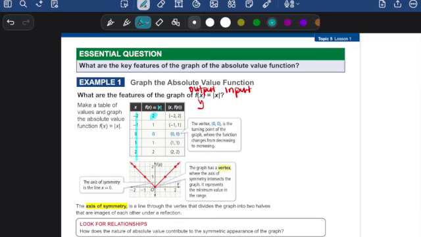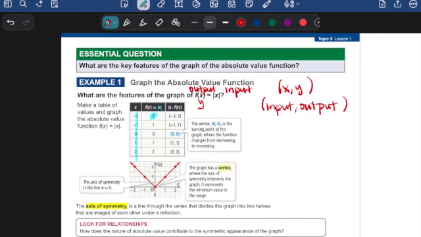And then we're going to write our points for the graph as input, comma, output. We're used to seeing it x, comma, y. When we use function notation, we will see it as x, our input, comma, f of x, our output. So instead of y, we're just going to write f of x. So here's our ordered pairs, -2, comma 2, -1, comma 1, etc.